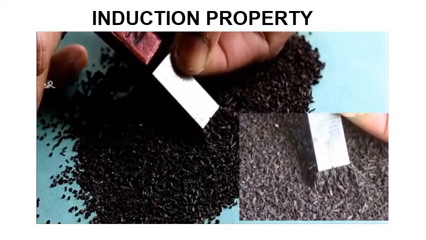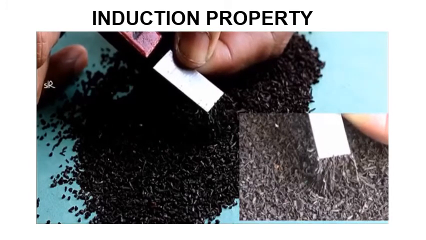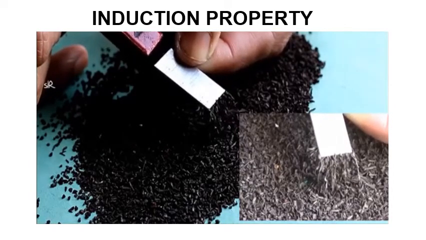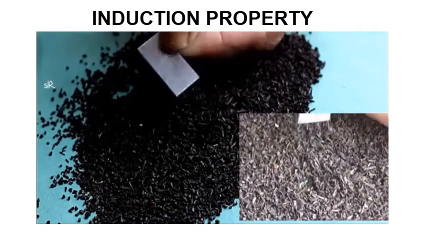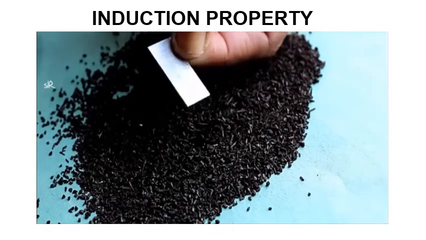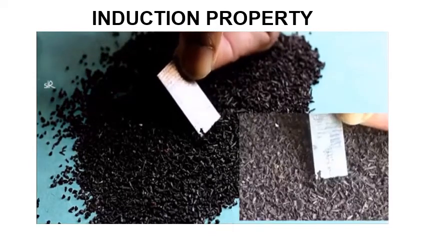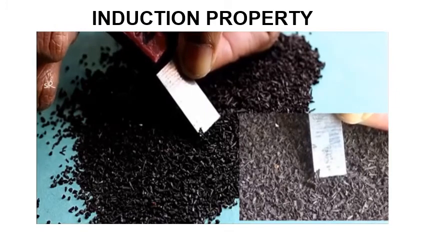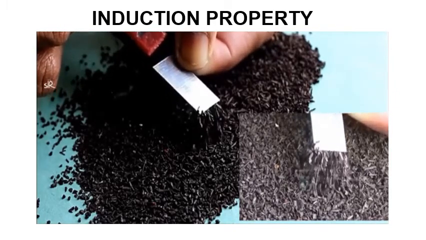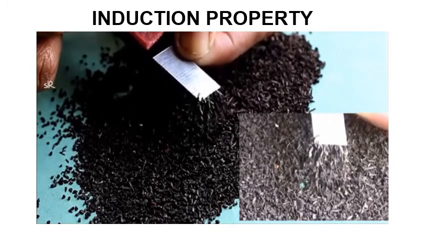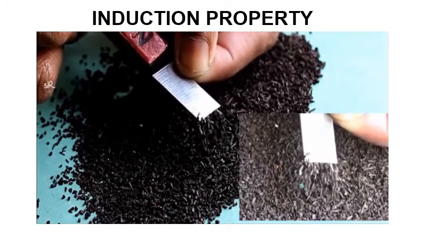When a magnet is brought near a magnetic material, it induces magnetism in that material, and that material can further attract other magnetic materials. When the source, that is, the permanent magnet, is removed, the body ceases to be a magnet, so now you cannot attract them further. But when you bring the magnet close to it again, it acquires that magnetic property and can now attract pieces of nails or iron filings.